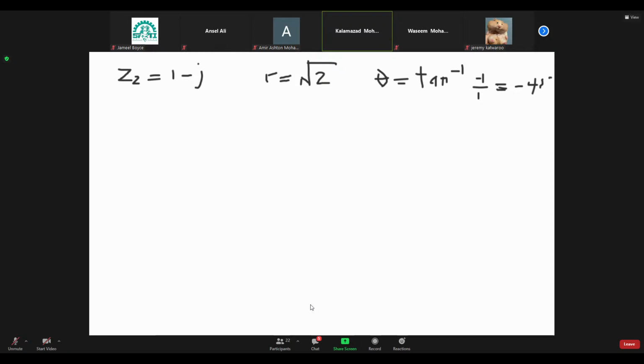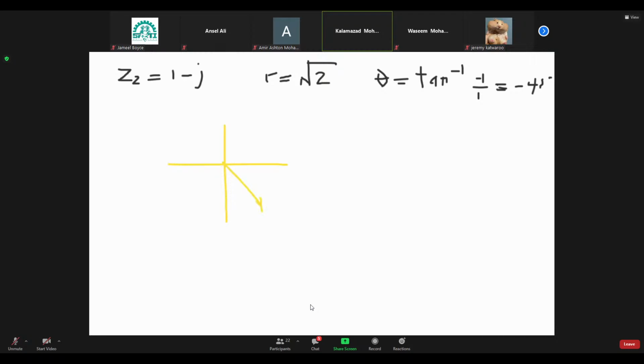Right. So now we've got to check and see where this is. So this is in fact in the second quadrant, right? Because the x value is, sorry, wrong. What am I doing? So the x value is positive, the y value is negative, so it's in the fourth quadrant.